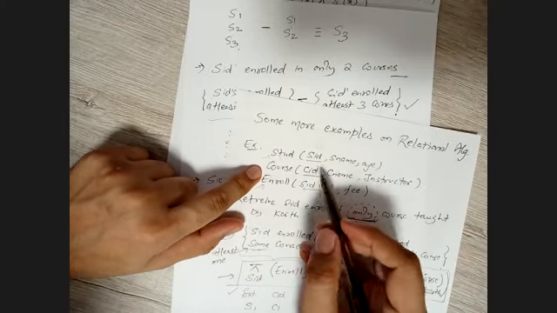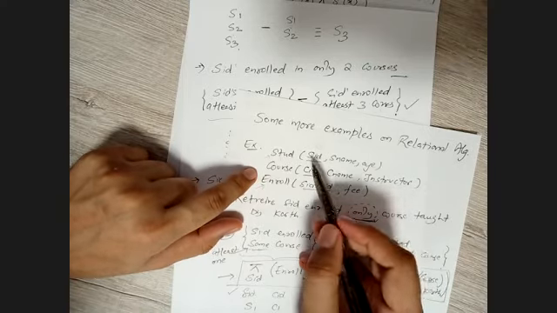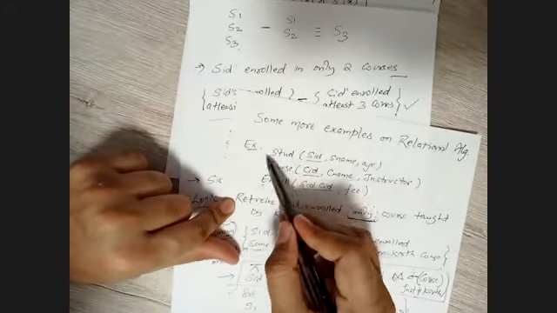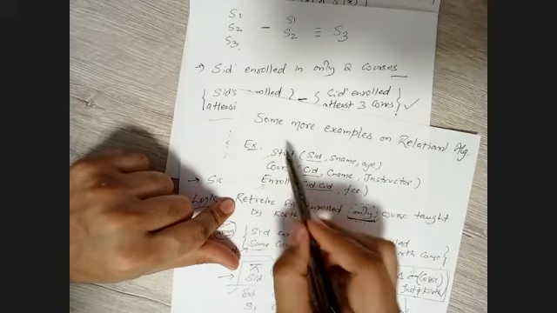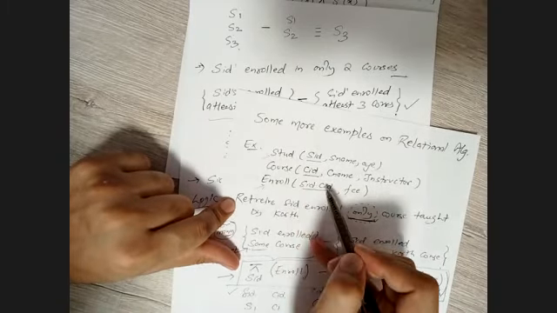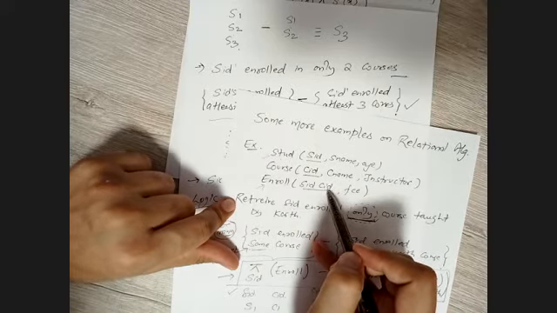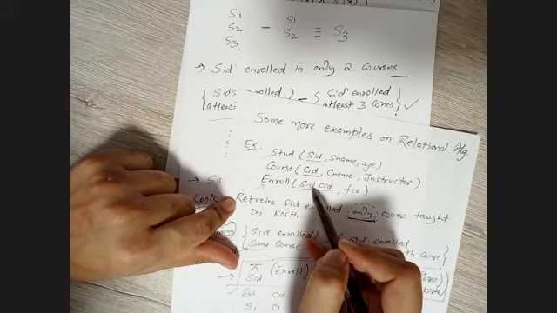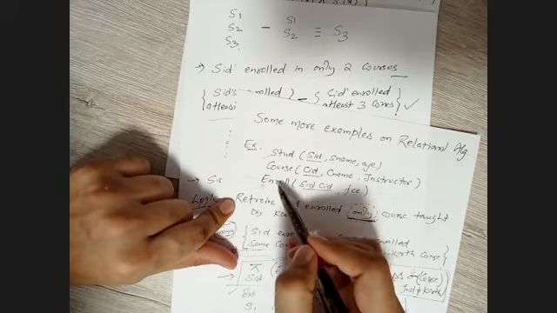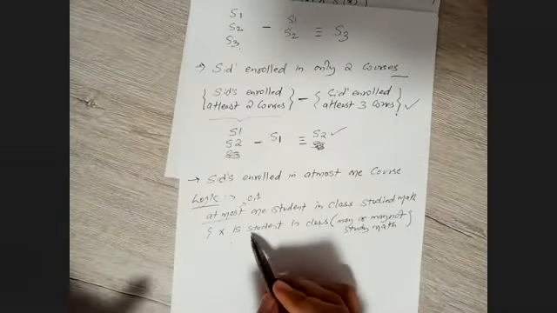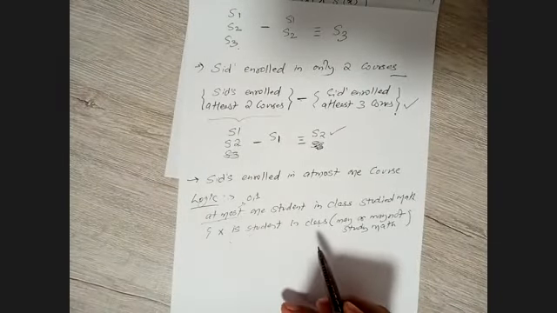If you take this one, every student must be at least enrolled in some subject, studying maths. So that's why the condition of at least is satisfied here, but not here. So now we will take the student which is of a class.